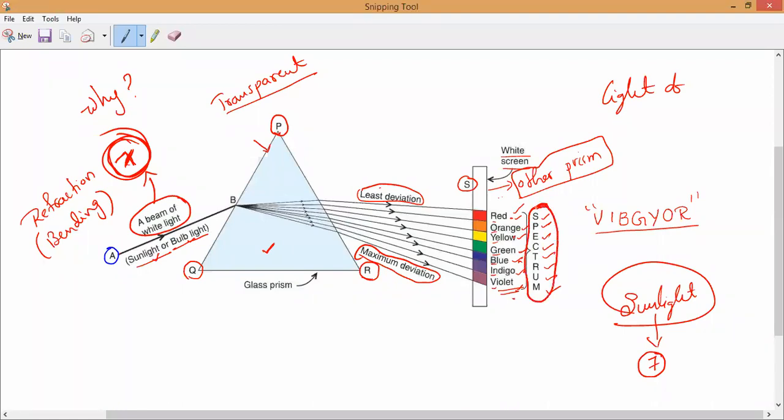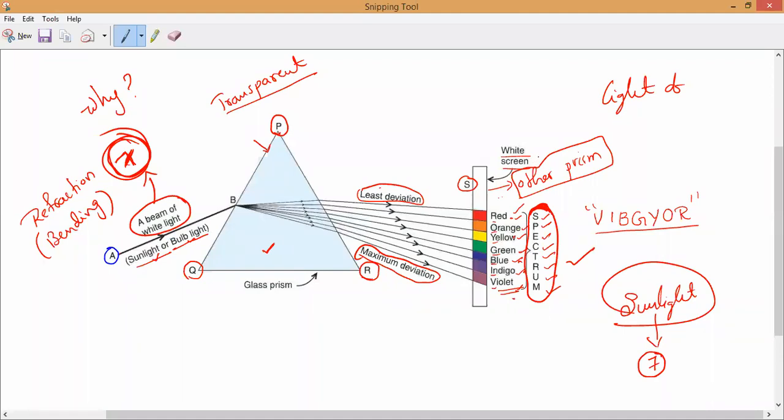Understand? Different colors travel at different angles and different deviation takes place, which means the bending of light is different for different colors. So they split up and form a band of seven colors on a white screen. That is what we call a spectrum.